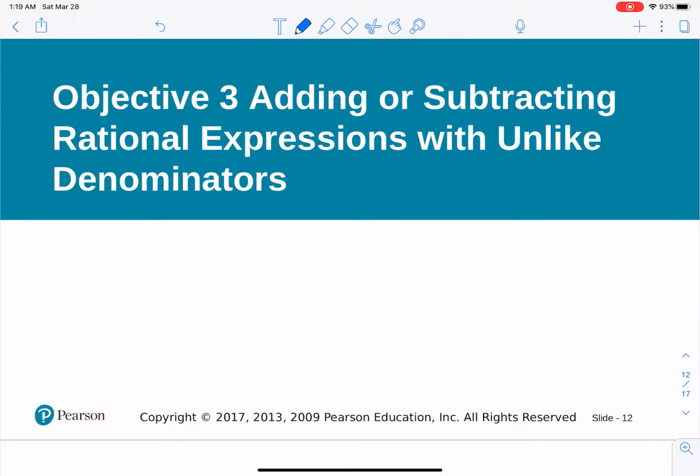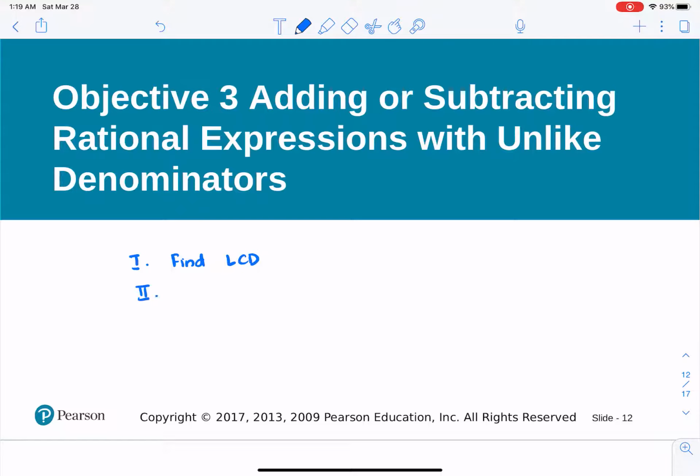So our objective now is to add or subtract rational expressions with unlike denominators. In other words, the denominators are not identical. So the first step here is to find the LCD.